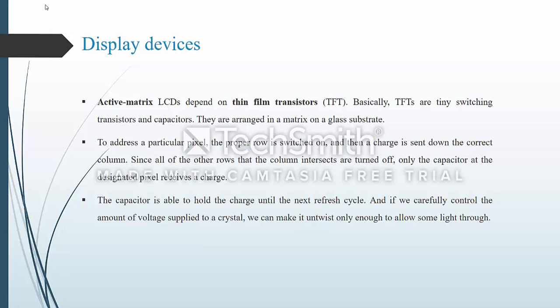Since all of the other rows that the column intersects are turned off, only the capacitor at the designated pixel receives a charge. The capacitor is able to hold the charge until the next refresh cycle. And if we carefully control the amount of voltage supplied to a crystal, we can make it untwist only enough to allow some light through.